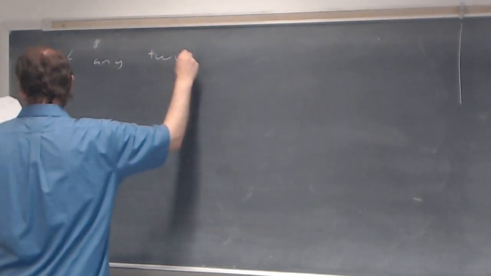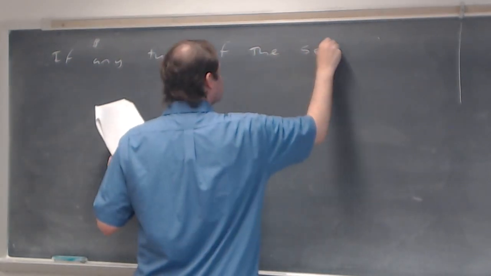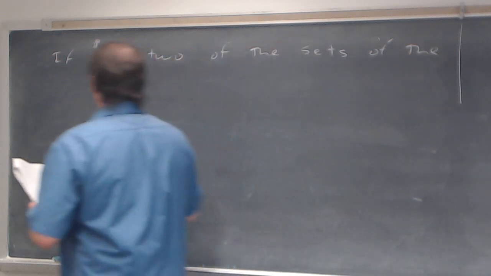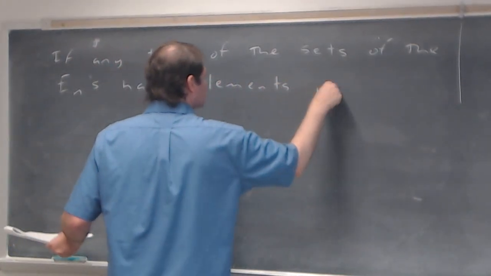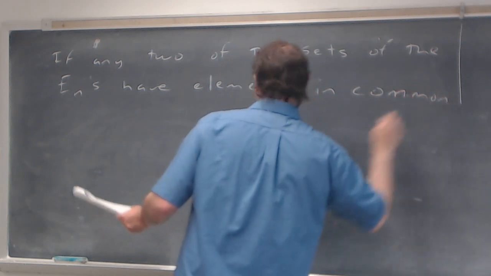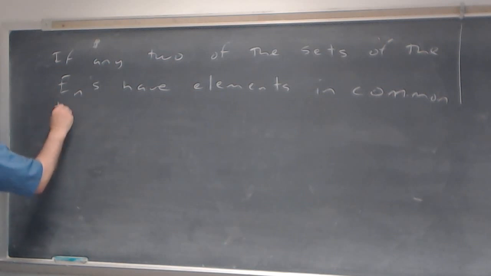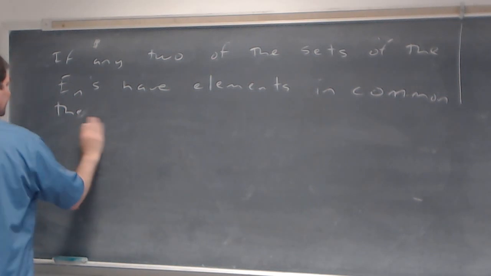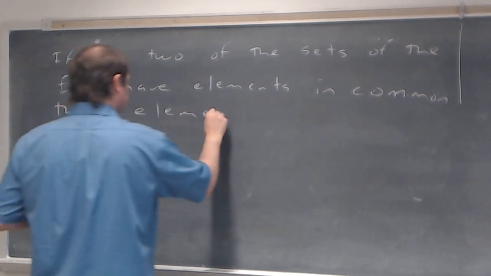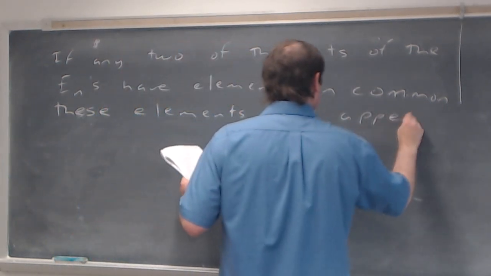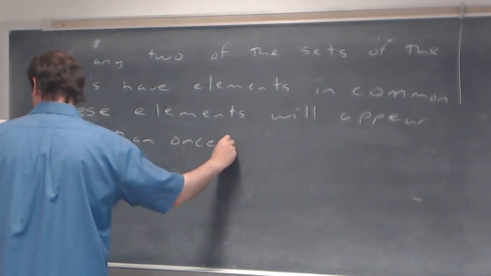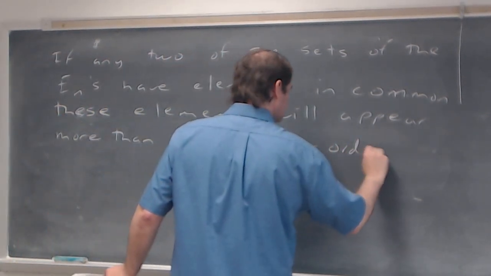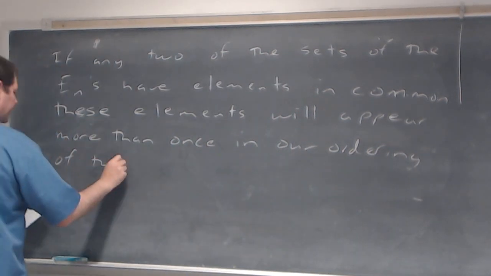Here's the note: if any two of the sets E sub n have elements in common, these elements will appear more than once in our ordering of the elements.